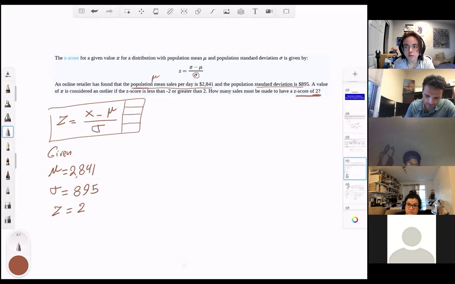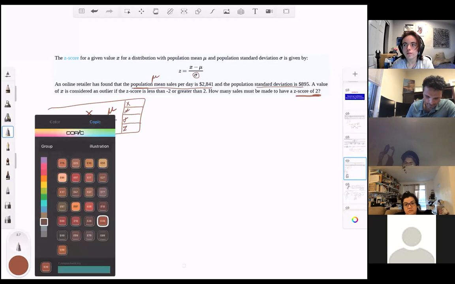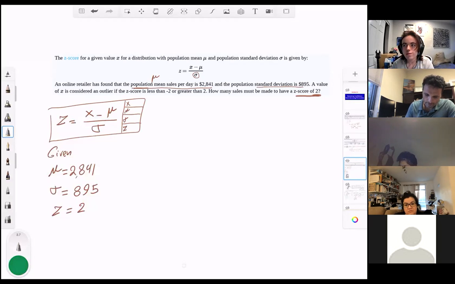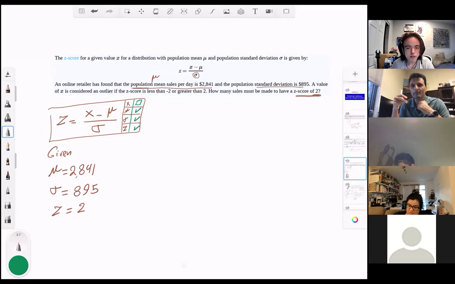We have x, we have mu, we have sigma, and we have z. Mu we have, sigma we have, z we have. So we have one unknown, right? And we learn if you have one equation, one unknown, we are able to solve. If it were 2 unknowns, we need to have another formula. But this is one equation, one unknown.